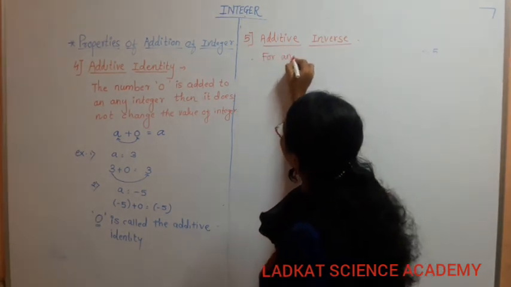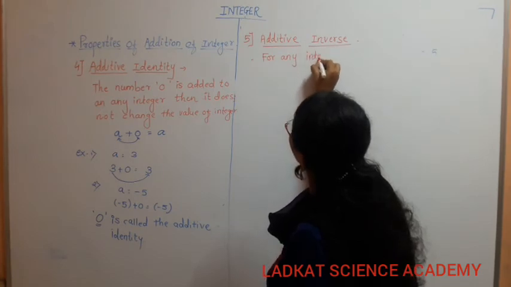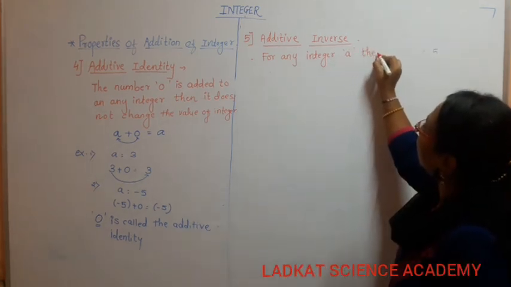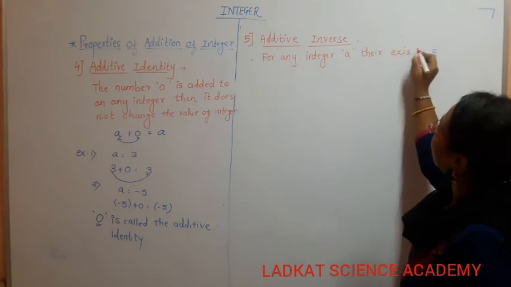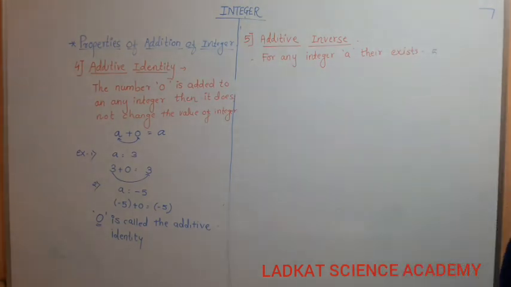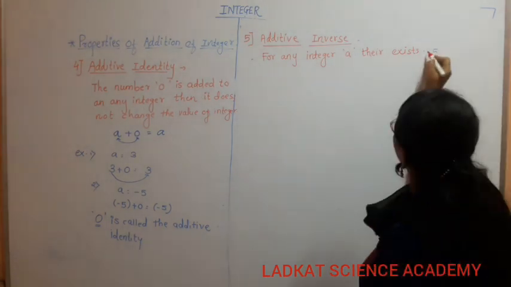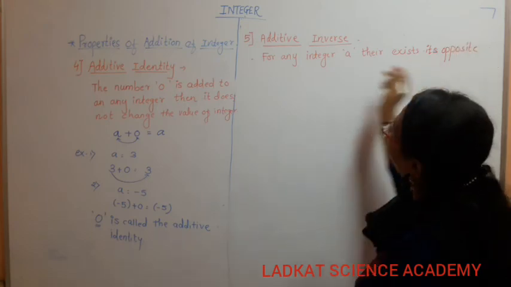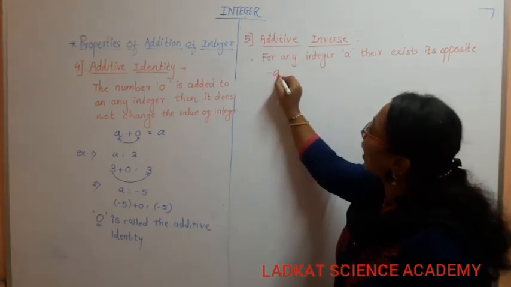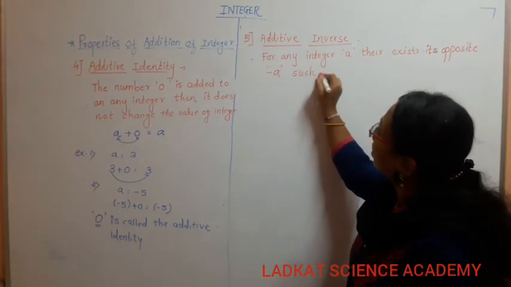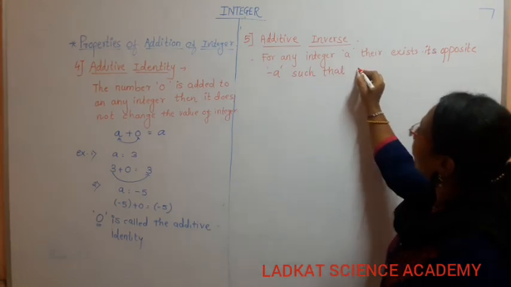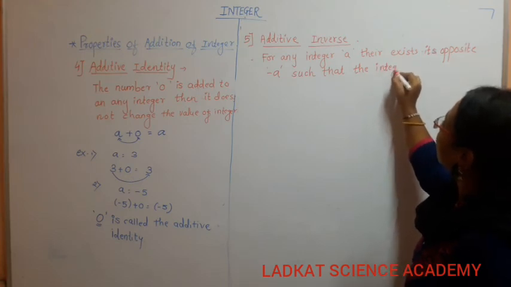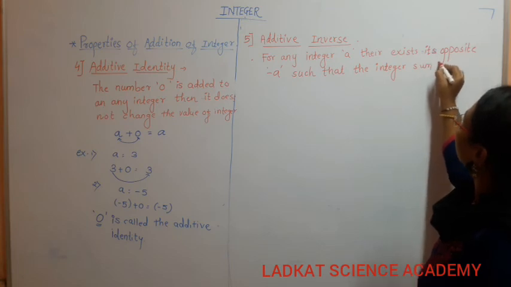For any integer a, there exists its opposite, that is minus a, such that the sum is 0.